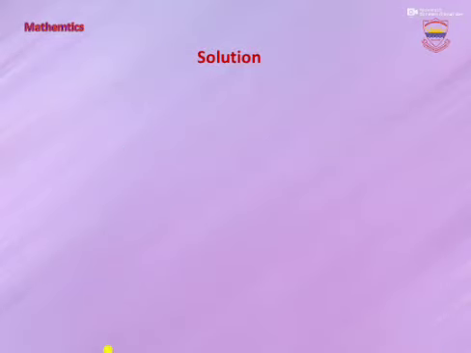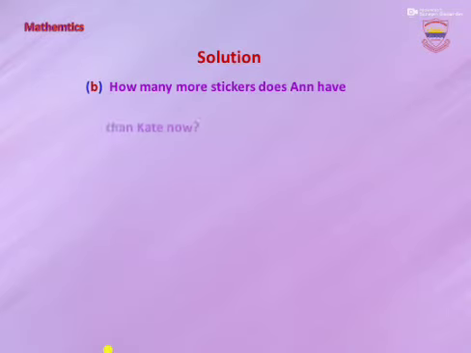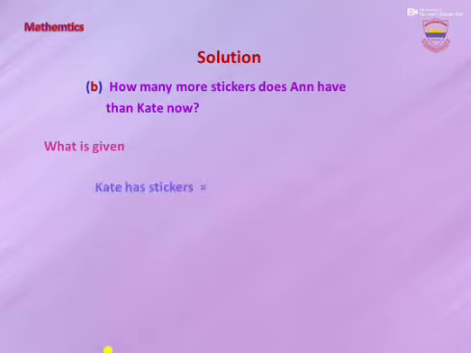Look at the B part of the statement. In this part, we have to find out how many more stickers Anne has than Kate now. First of all, we have to know what is given. It is given that Kate has 172 stickers.